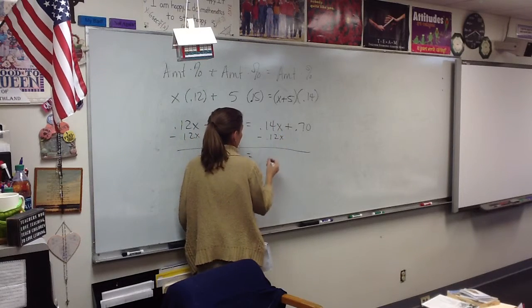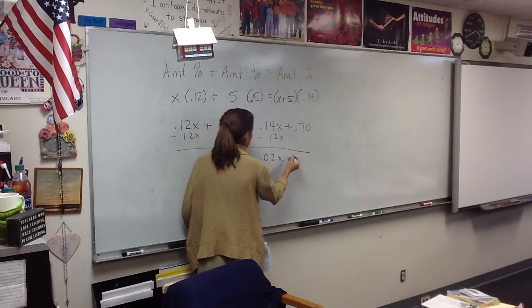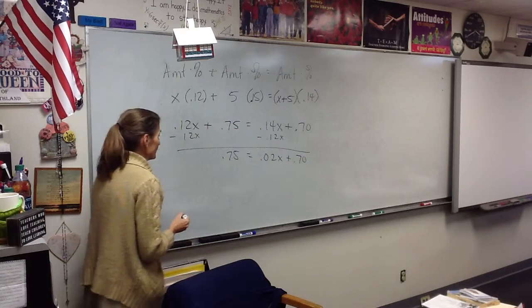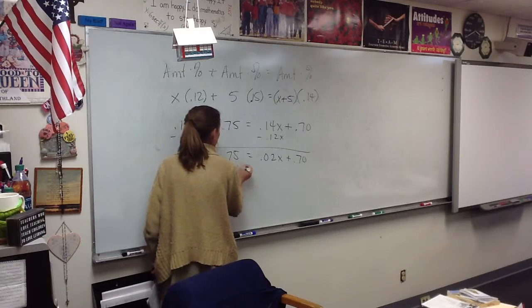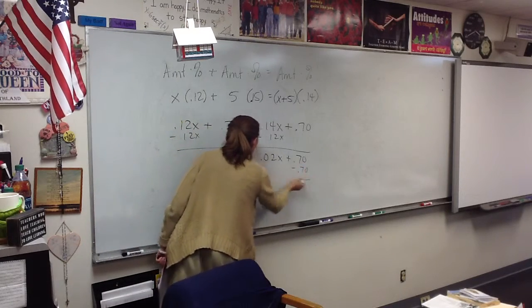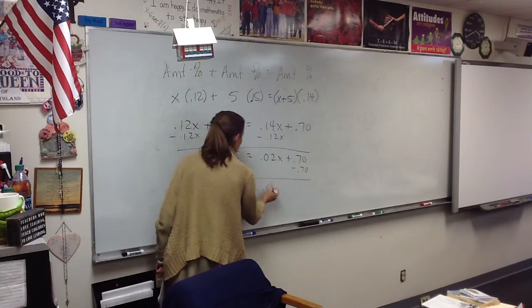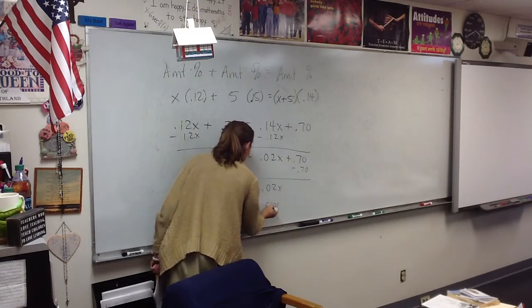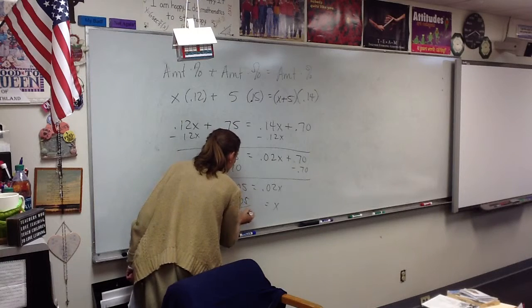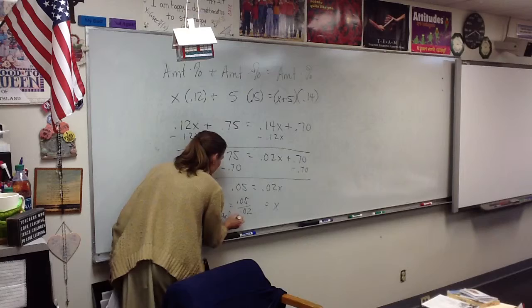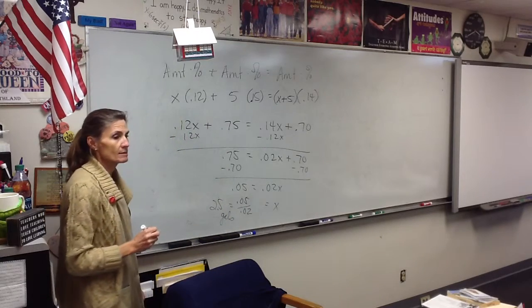Be careful. 0.02. Not 0.2, 0.02. Now we'll subtract 0.7. What do we have here? 0.05. And then I can type that into my calculator and I get 2.5 gallons.